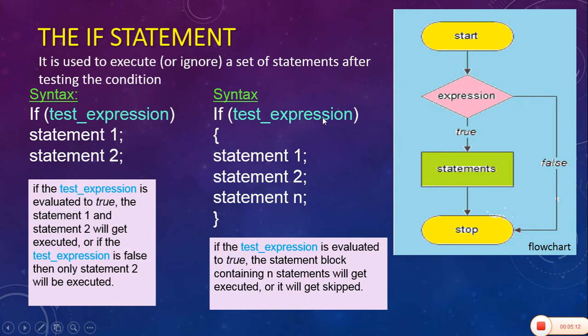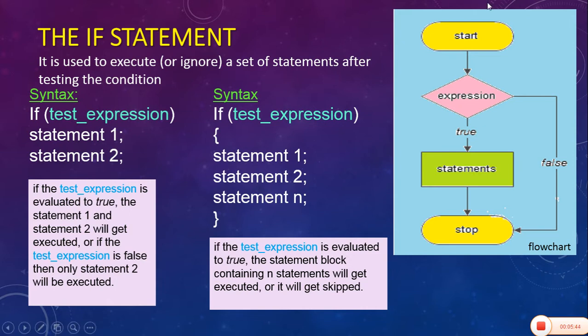Now, if the test expression or the relational expression is true, then the n number of statements, the whole block of statements, will be executed. But if the test condition or the relational expression is false, then this whole block of statements written within the curly brackets will be skipped or ignored.